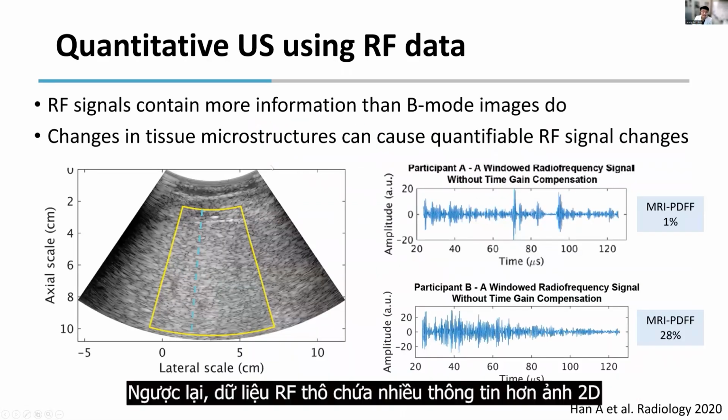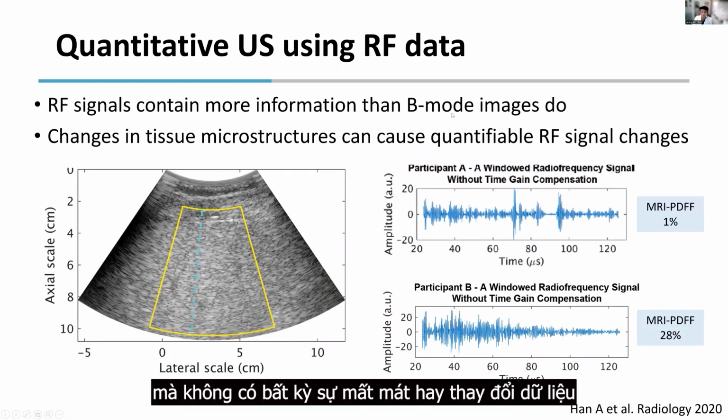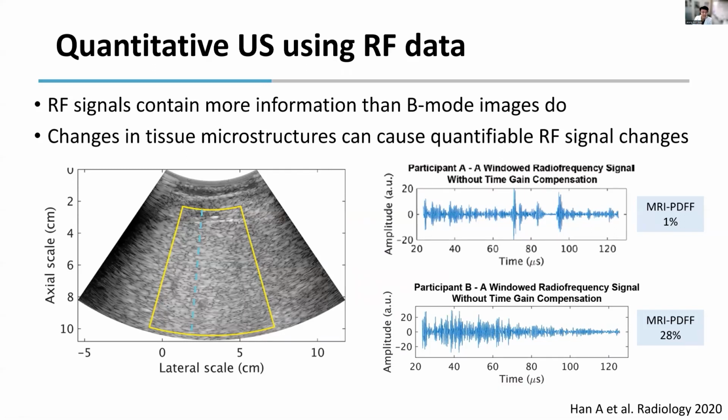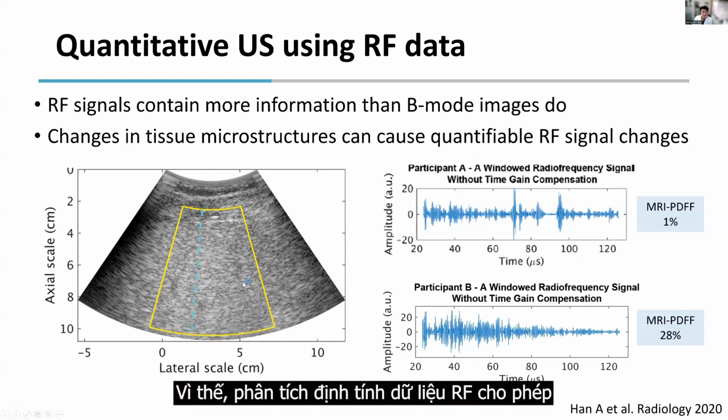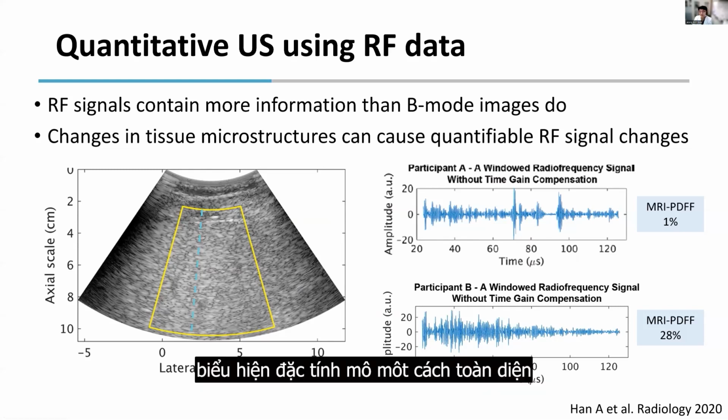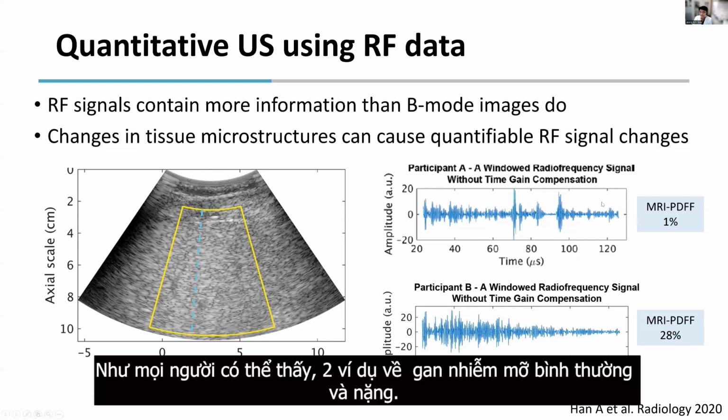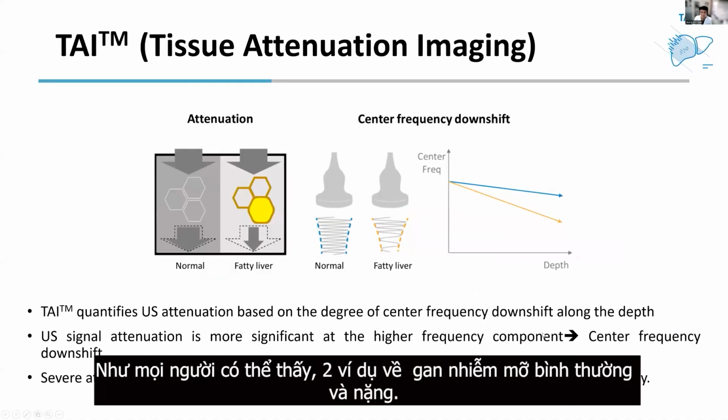On the contrary, as the raw RF data contain more information than B-mode images do without any loss or alteration of data, any changes in tissue microstructures can cause quantifiable RF signals. Therefore, quantitative analysis of RF data allows a more comprehensive characterization of tissue compositions. As you can see, these are two examples of normal and significant hepatic steatosis case.